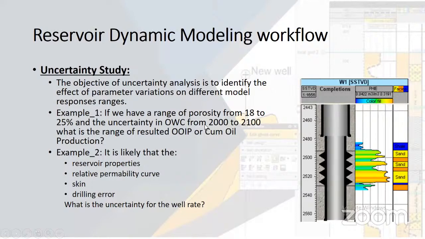We wanted to know the effect of the uncertainty in oil water contact and the porosity on the resulting oil in place or the cumulative oil production. Okay, that is one example. The other example is uncertainty in the reservoir properties, reservoir permeability, relative permeability curve, skin, drilling error, and we want to know that uncertainty on the well rate.